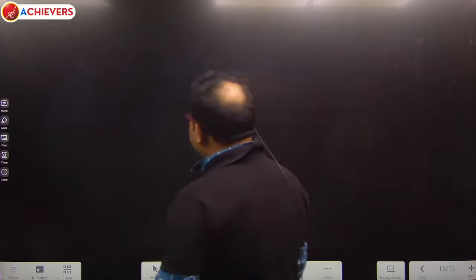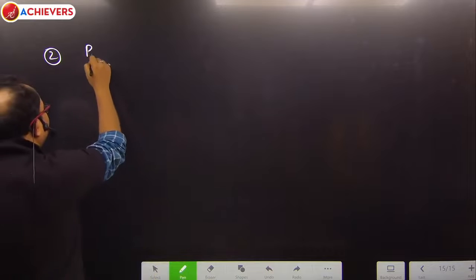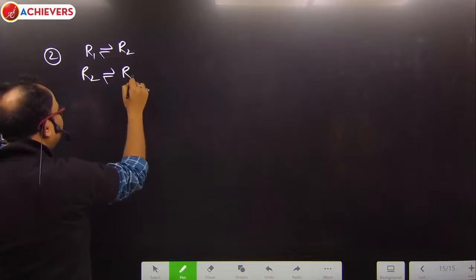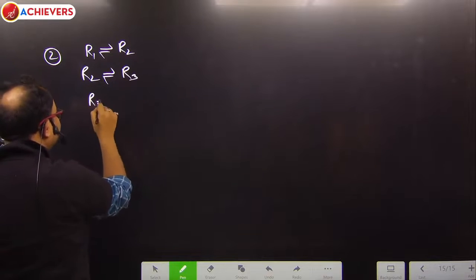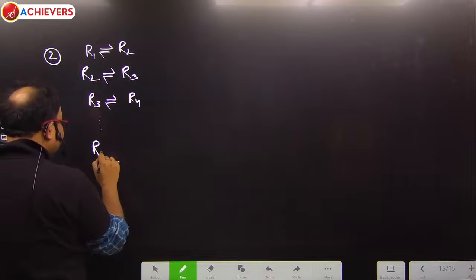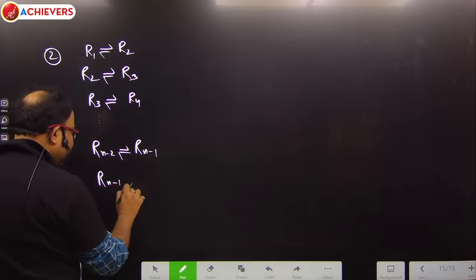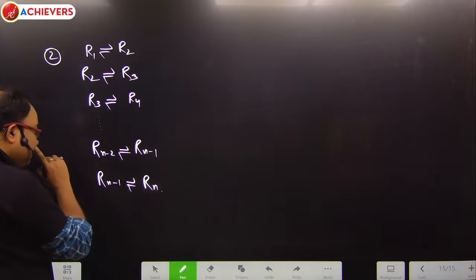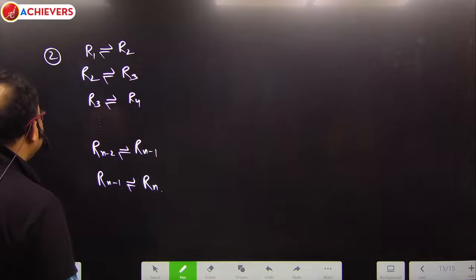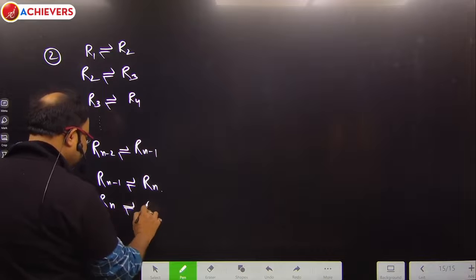And my second problem is, say there is a series of reactions, R1 in equilibrium to R2, R2 in equilibrium to say R3, R3 in equilibrium to say R4, say Rn minus 2 in equilibrium to Rn minus 1, Rn minus 1 in equilibrium to Rn, Rn in equilibrium to say Rn plus 1.